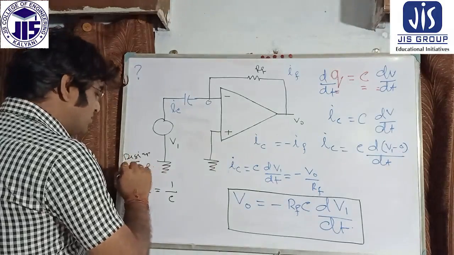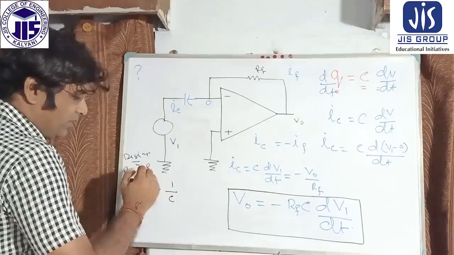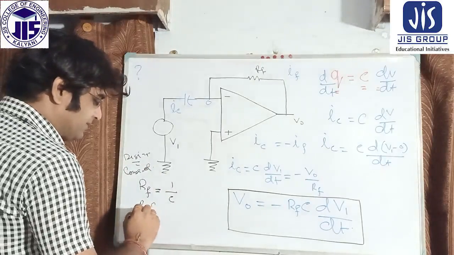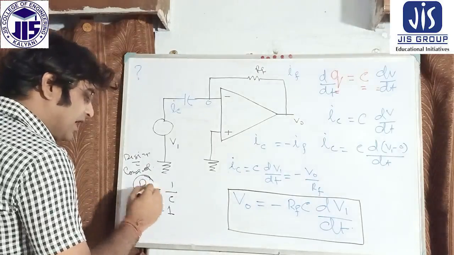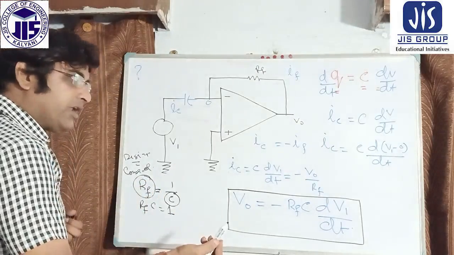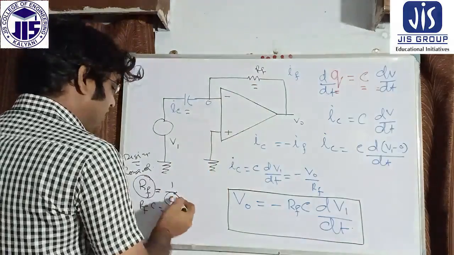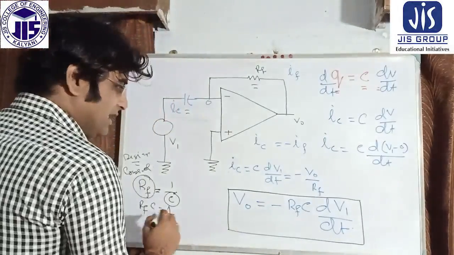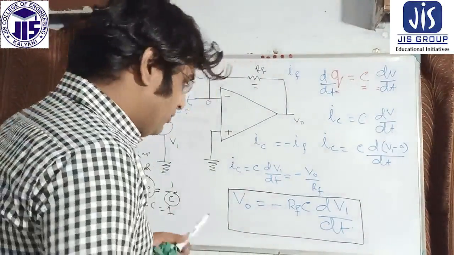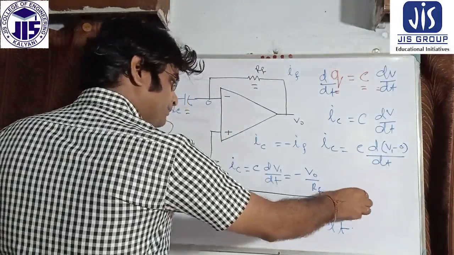So RF equals 1 by C, that means RF C equals 1. It may be designed because RF and C are in our hands. If I change the R and C value, then automatically RC equals 1. Then we can represent the equation this way.